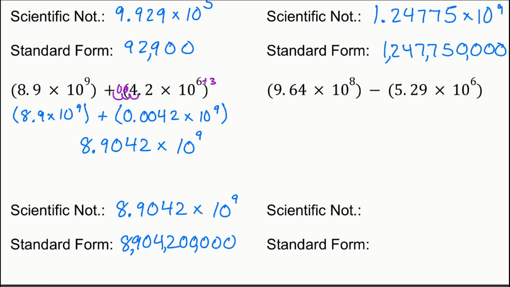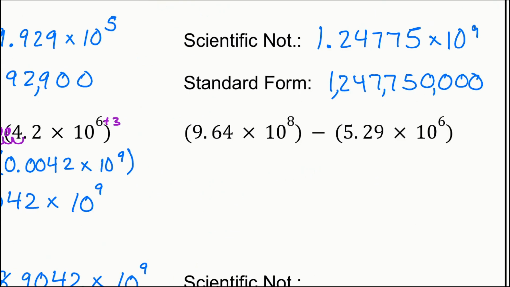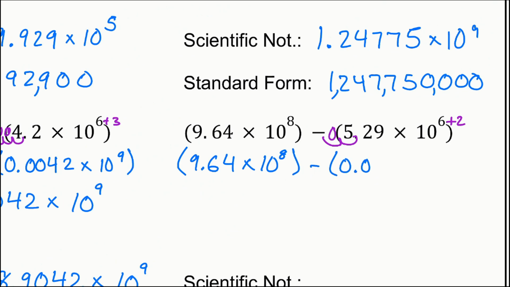Next one, again, make sure that these guys have the same exponent. So I'm going to increase the 6 by 2, which means I decrease the decimal by 2. 0.0529 times 10 to the 8th. Subtract your front number.